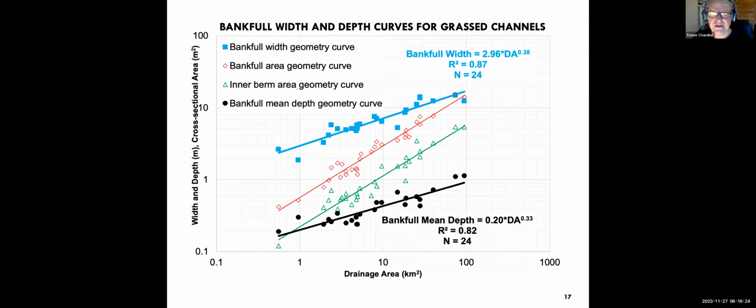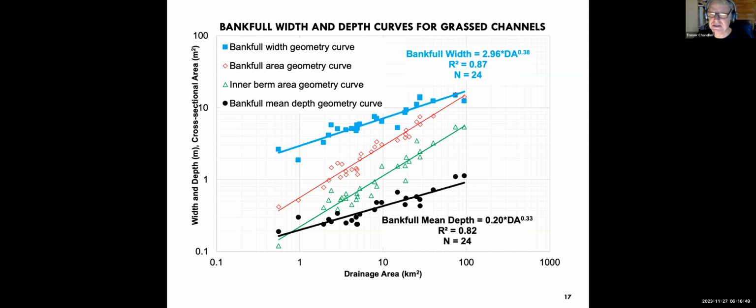So here's all four of the bankful curves here. At the top we have bankful width. This is the size of the bankful width channel, and this is only for grassed areas. I looked at the data, and 24 of the sites that we went to were in grassed areas.